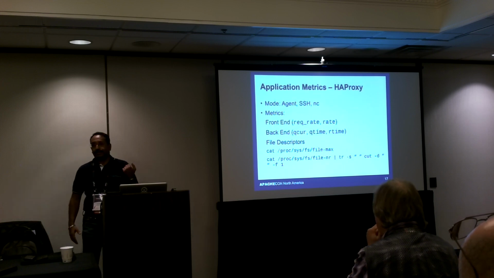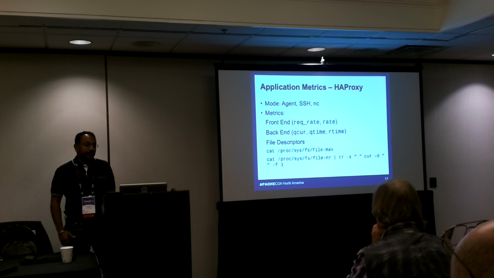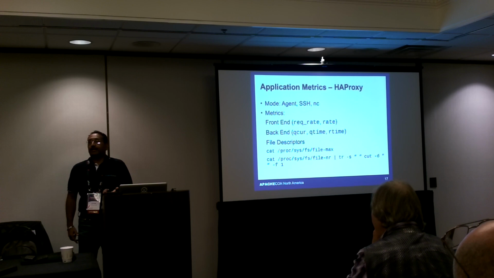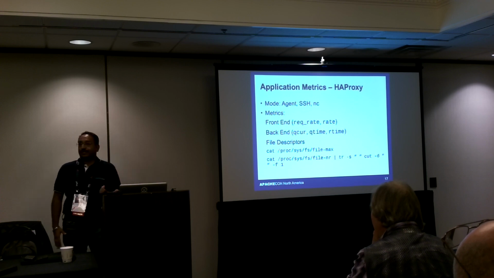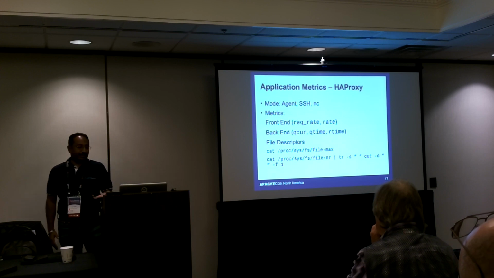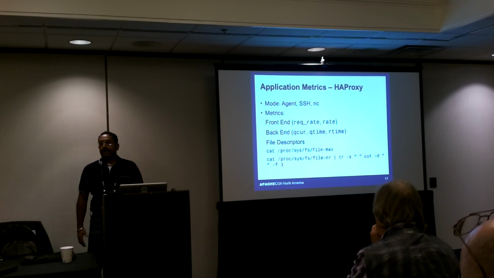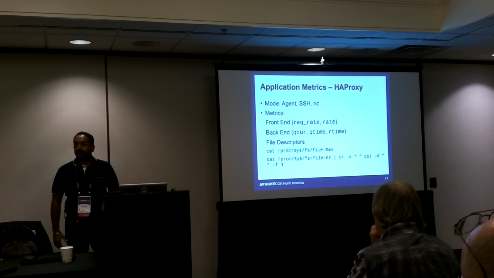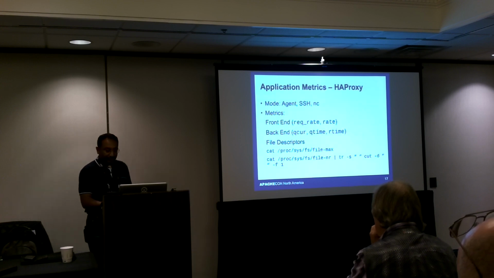Then from the backend type of metrics, you require the queue concurrency, the queue time, and the service time, etc. Then from the HAProxy perspective, file descriptors and allowed descriptors and the difference between them is something that we would definitely like to see.